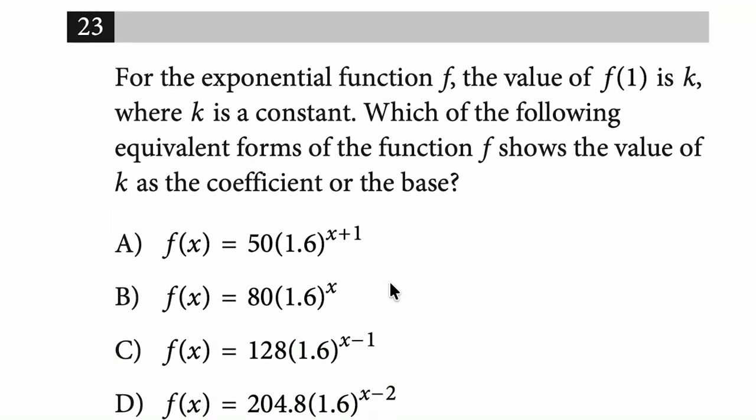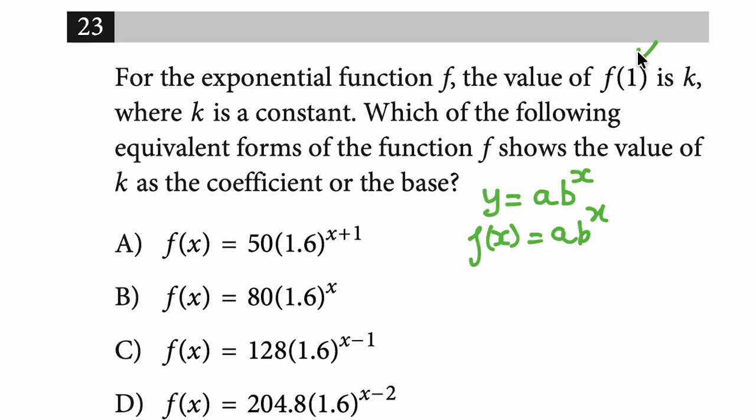Okay. Question number 23. For the exponential function f, the value of f of 1 is k. Exponential function is y is equal to a b to the power x, or f of x is equal to a b to the power x.